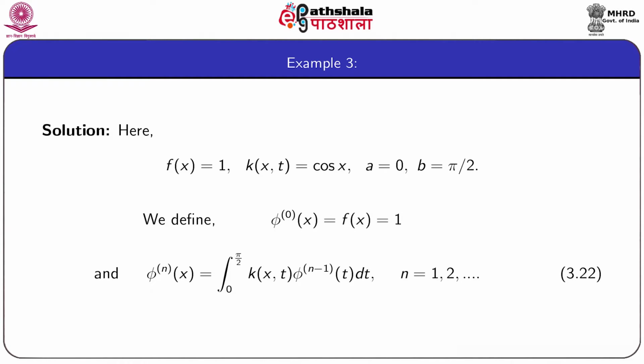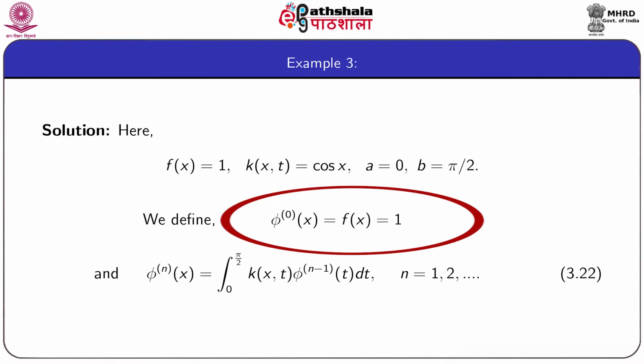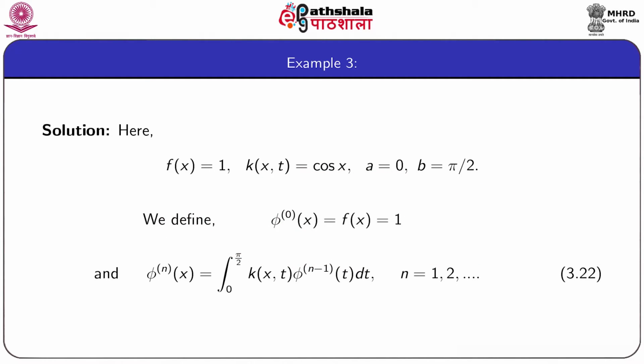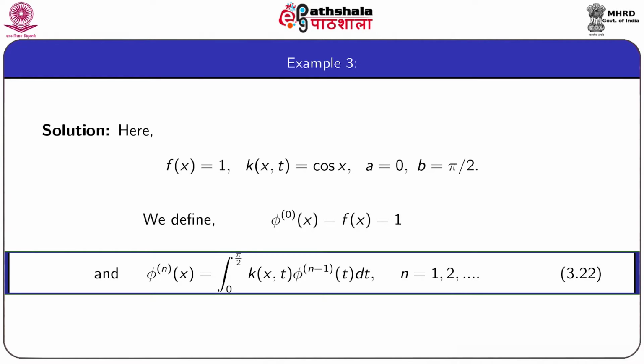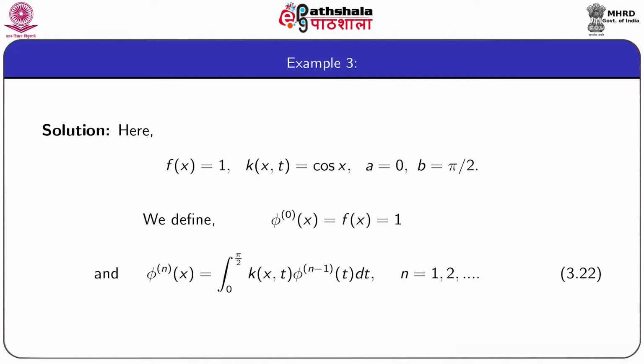Now, we define phi superscript naught x equal to f x, and that is equal to 1 by the given problem, and phi superscript n x is equal to the integral 0 to pi by 2 k x t phi superscript n minus 1 t dt, where n runs from 1 to infinity, as given by equation 3.22.